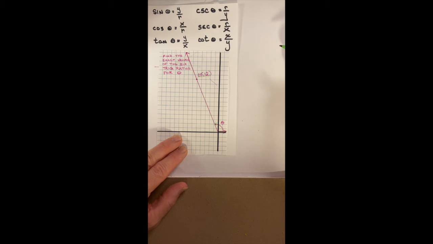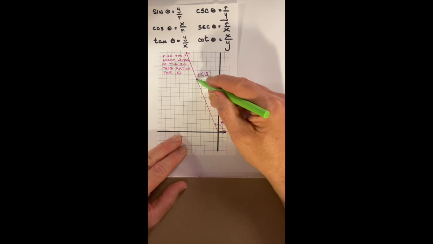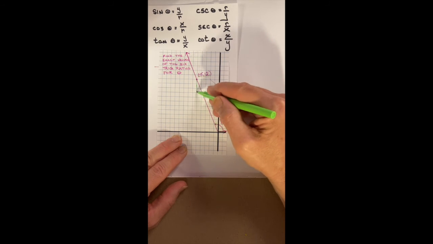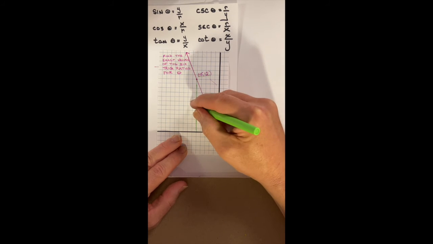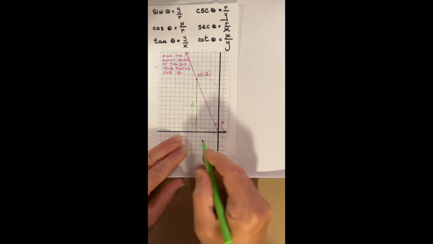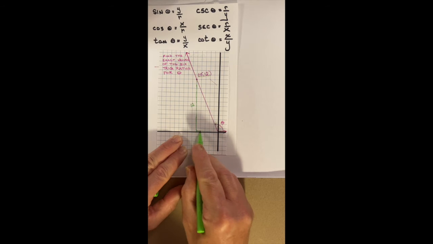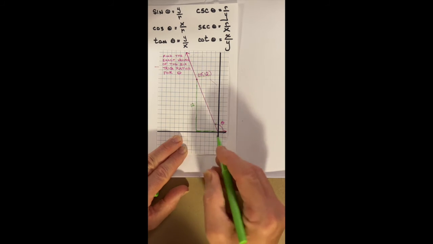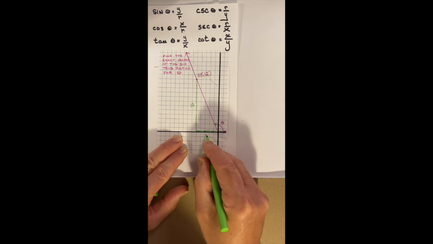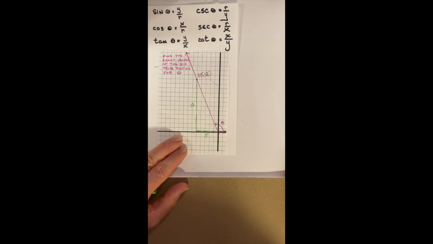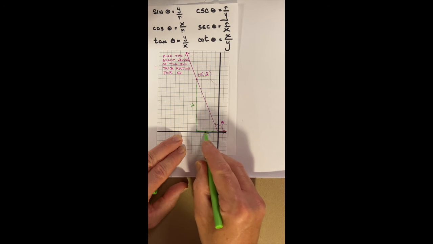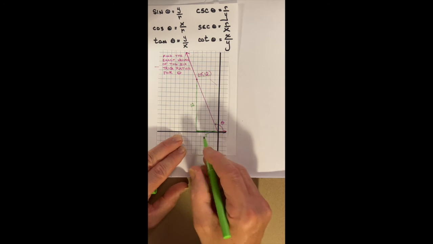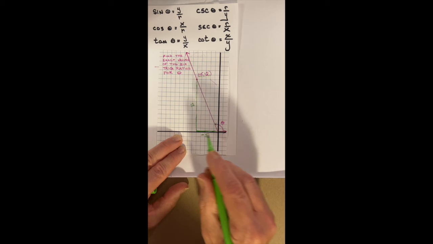Now, just to make life a little bit easier, let's think about what we know. We know that this length right here is 12. And we know that this length right here is 5. More specifically, the displacement from here to here is actually -5.